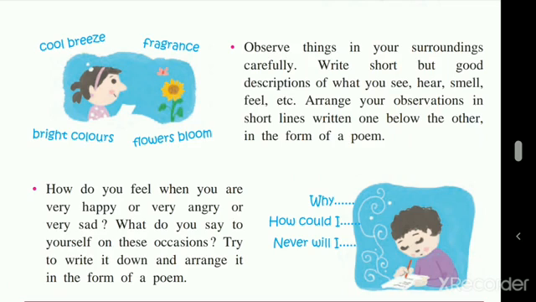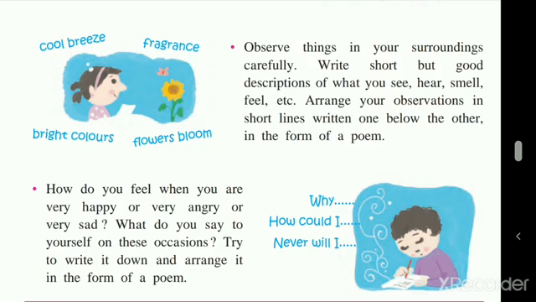Then write short but good descriptions of what you see, hear, smell, feel, etc. And then arrange your observation in short lines written one below the other in the form of a poem. Then write a short but good description about what you are seeing in the surroundings.